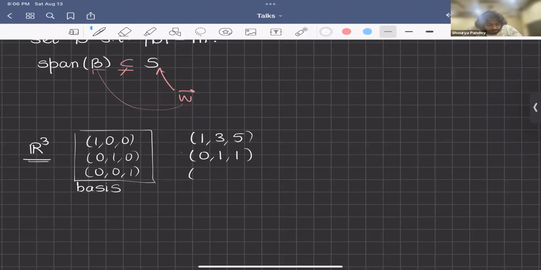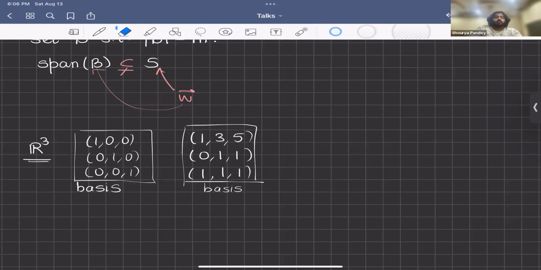I can't just guess here. Let's take (1, 1, 1). I think this is fine. And this is another basis, and there are many bases you can make.